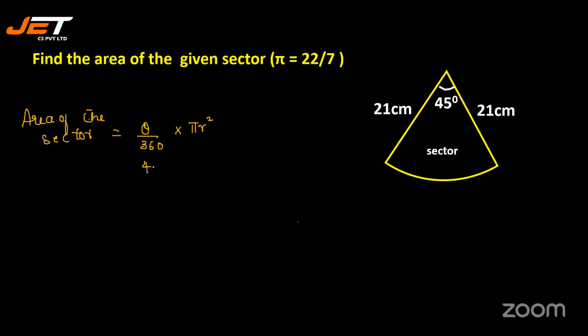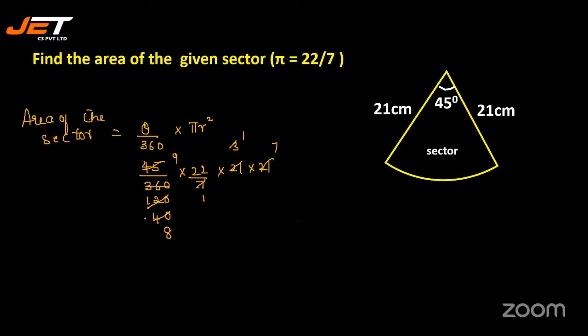Theta is 45 by 360 into 22 by 7 into 21 into 21.